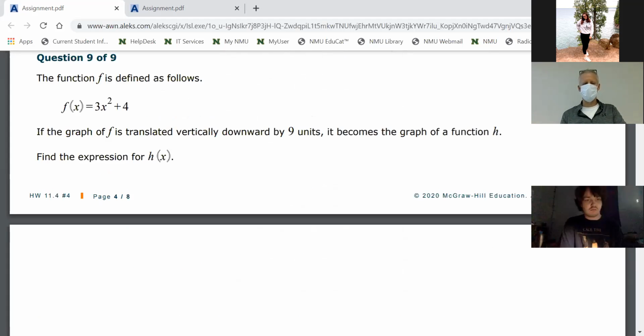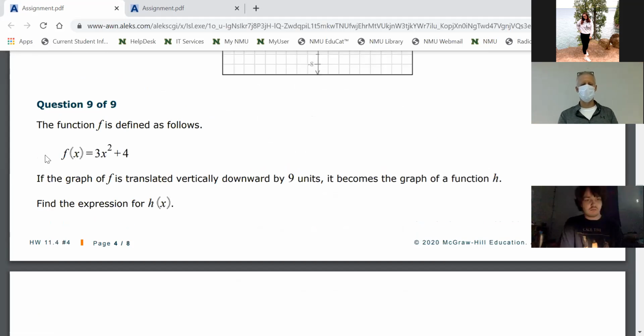And I think this one is also not a terrible thing. Okay, so you've got the function 3x squared plus 4. So the plus 4 makes it go up. The 3 makes it narrow. Now what we want to do is translate it down 9. So we're going to slide it down 9 units.